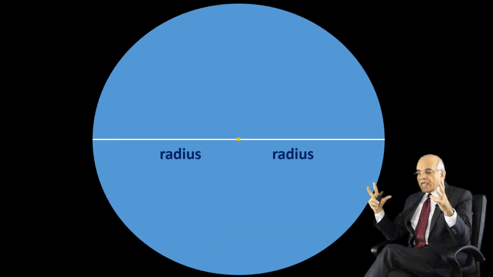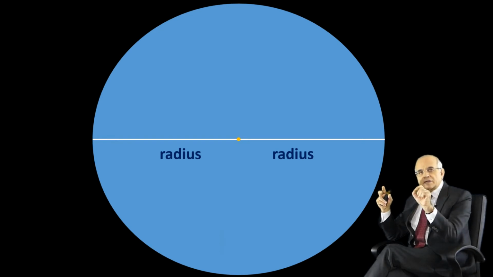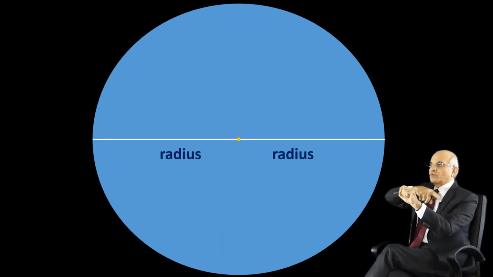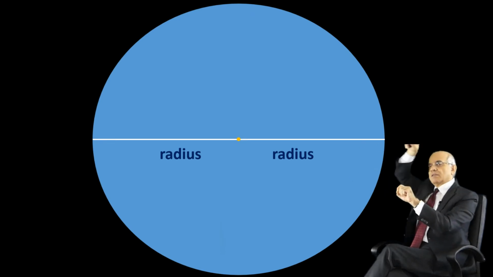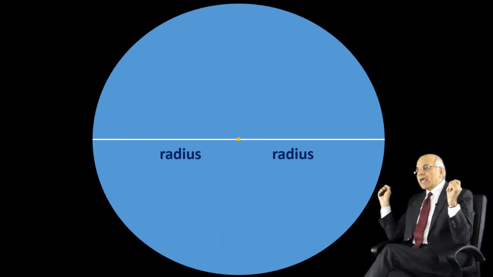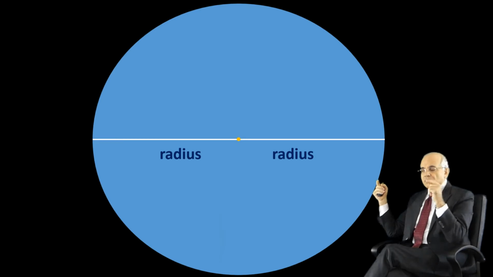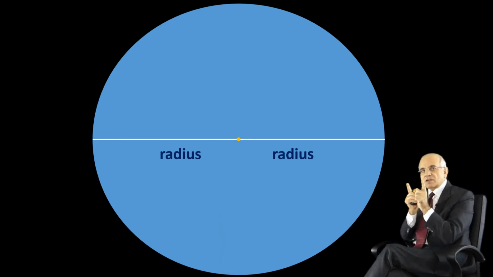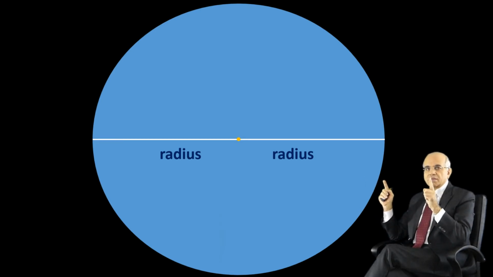You know, this is really amazing, actually. If you take any circle in the world, it has a center, and it has a perimeter, right? The whole distance, the whole perimeter is called circumference. If you take any point from the perimeter of the circle and draw a line from that point to the center of the circle, that's called the radius.